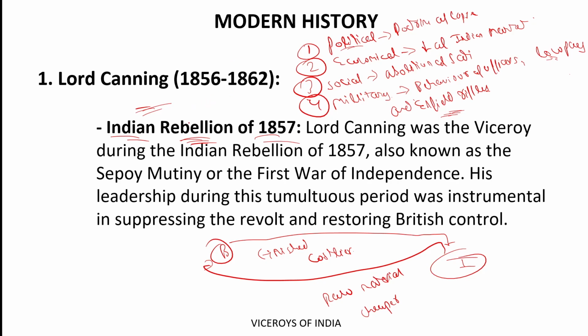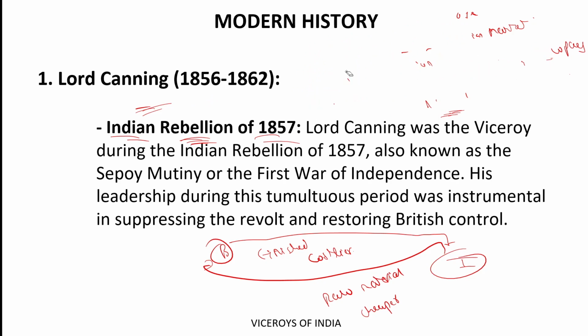Till then, just remember that this rebellion happened in 1857 during the time period of Lord Canning. And as we know, Dalhousie made a report to the British Parliament in which he claimed that the British East India Company is not so capable of maintaining India, and if something adverse happened, then this company should be liable.